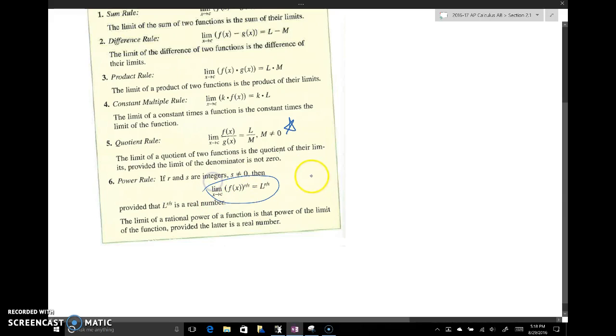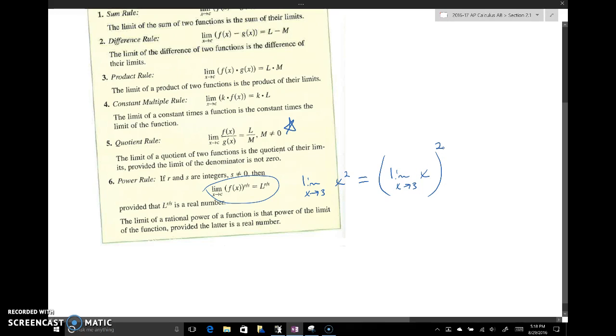Let's use this as an example. Let's say that we have the limit as x approaches 3 of x squared. What this rule is telling us is that this is equivalent to writing the limit as x approaches 3 of x and then squaring it.